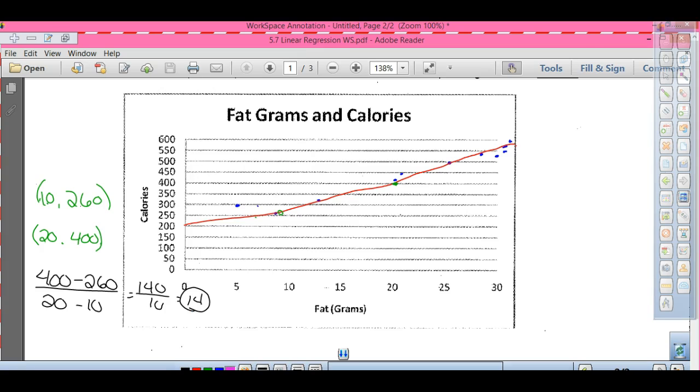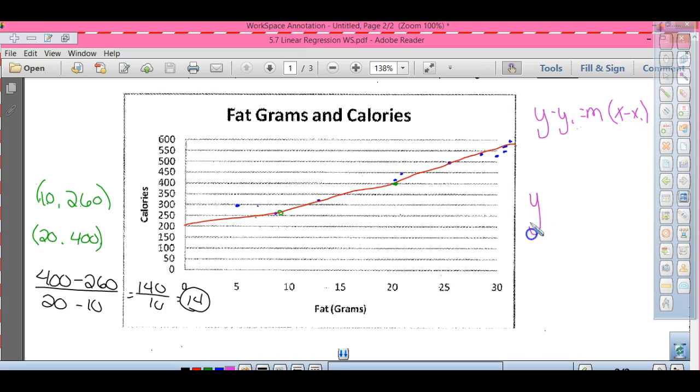What else do I have to do now? What do I have to put it into? Do I have information for y equals mx plus b? Do I have the y-intercept? No, I don't. So which is it? Point slope. So y minus y1 equals m times x minus x1.